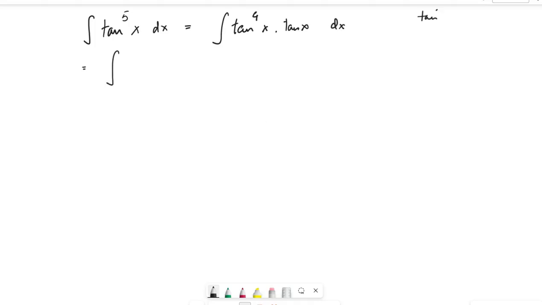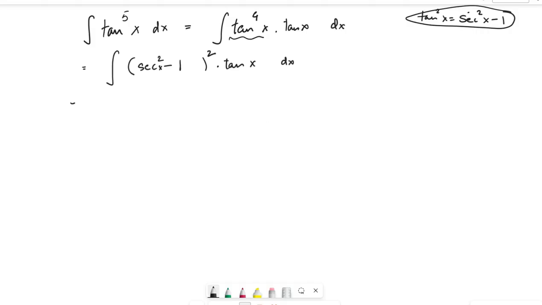Tangent square can be written as secant square x minus 1. So this thing can be written as secant square x minus 1 whole square, because secant square minus 1 would be tangent square, and squared it is tangent^4, times tangent x dx.